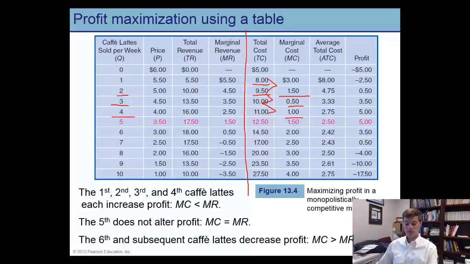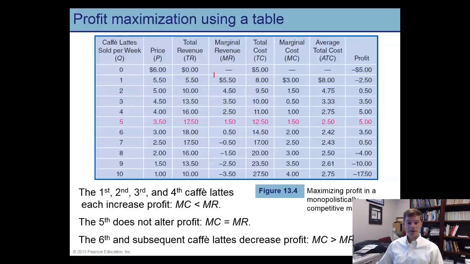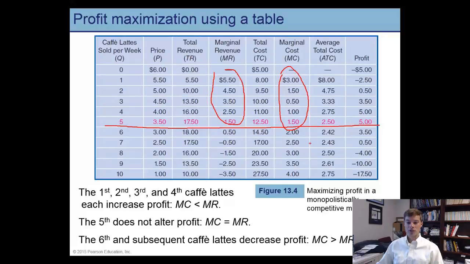What the monopolistically competitive firm should do is produce all those units that have a marginal revenue that's greater than their marginal cost. These units are profitable. It's because they generate more revenue than their cost. But the firm should stop producing before it produces any units that would have a marginal cost that is greater than their marginal revenue.